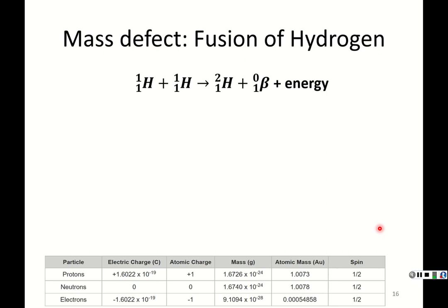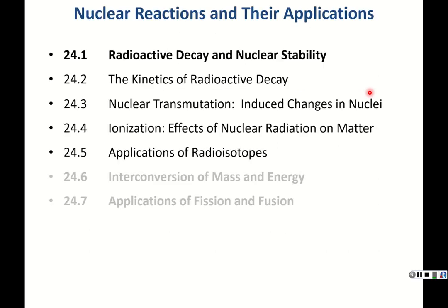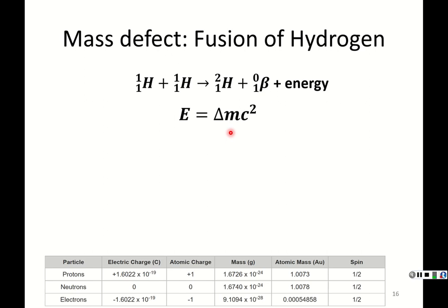All right, so if we look at our first reaction here, hydrogen plus hydrogen going to deuterium plus that particle and energy, and we look at the energy in terms of E equals mc squared.